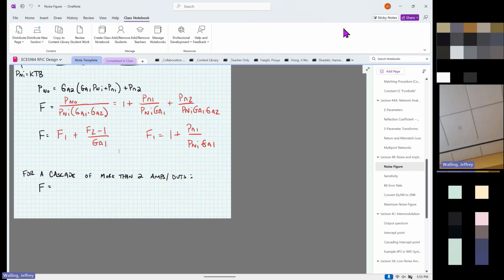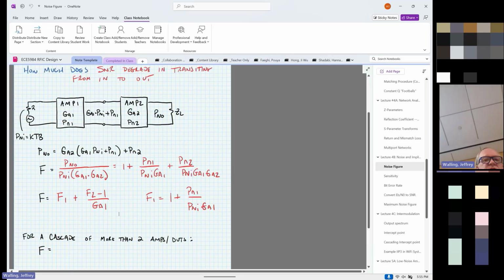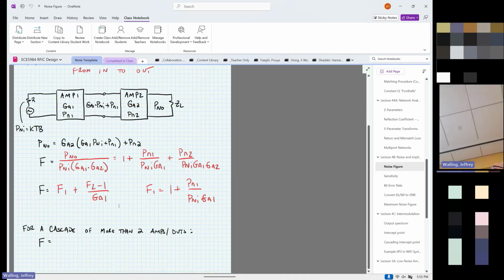We found that the noise factor for a two-stage cascaded circuit like the one shown right here is equal to F1 plus F2 minus 1 over GA1. We're doing division here, which we can't do if we were in the log domain. So this is indeed noise factor.